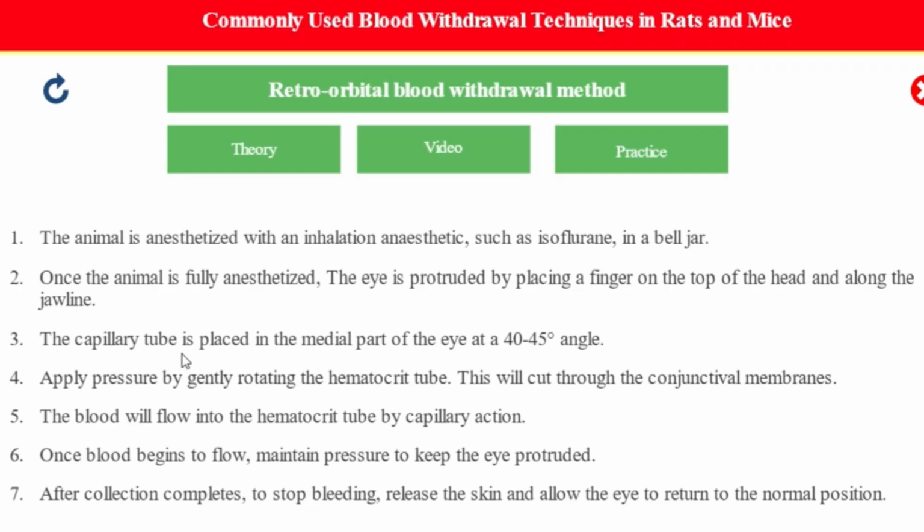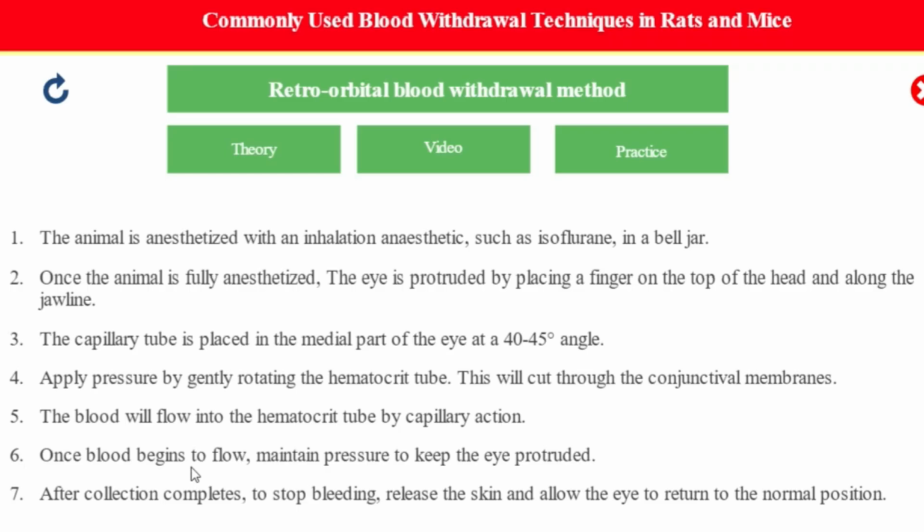The capillary tube is placed in the median part of the eye at 40 to 45 degree angle. Apply pressure by gently rotating the hematocrit tube, and this will cut through the conjunctival membranes and the blood will flow into the hematocrit tube by capillary action.